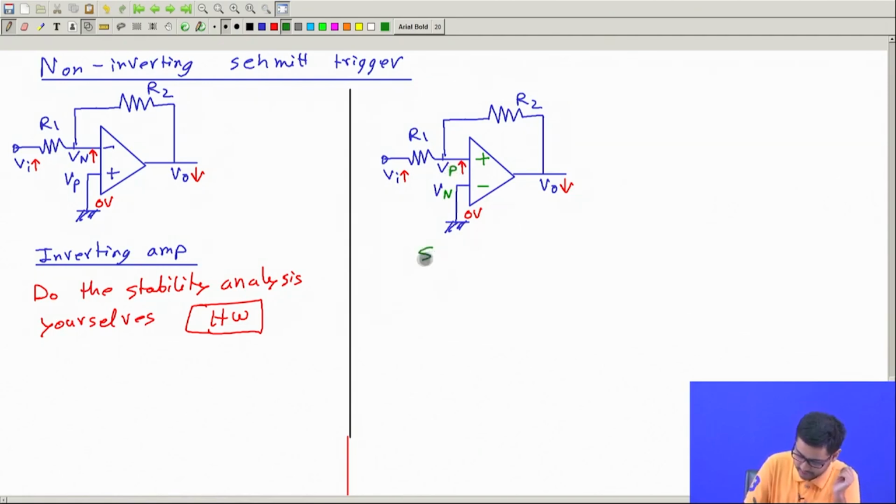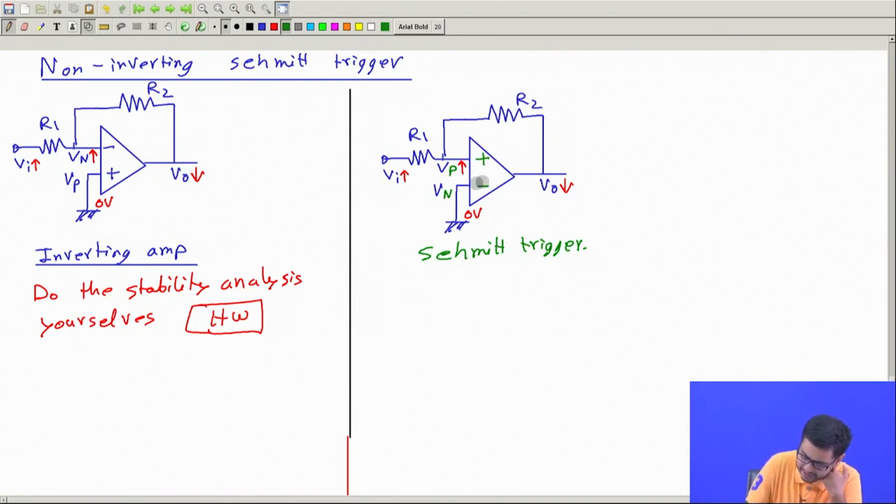So this will become a Schmitt trigger. Now I request you to do the stability or equilibrium analysis of this circuit on your own, because you already have done that for the previous circuit. So I will not write it in detail, but I will just briefly mention.